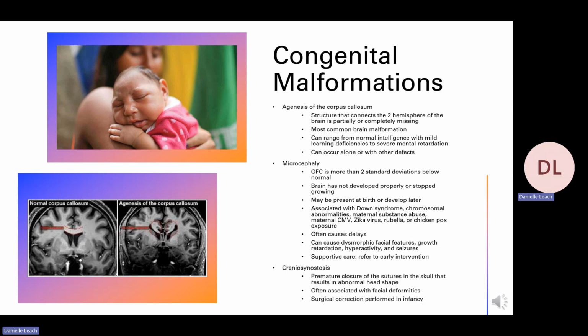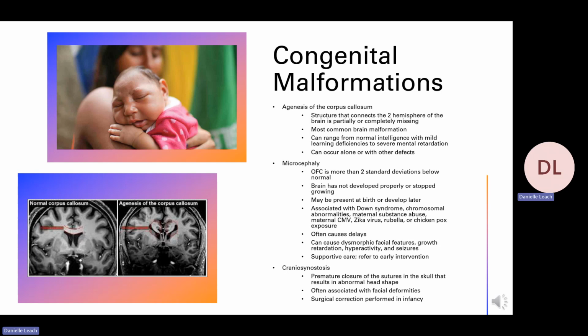The last one is craniosynostosis. This is where there's premature closure of the sutures in the skull that results in abnormal head shape. So we all know that when a baby's born, the sutures are not closed, which allows the baby's head to grow over time.